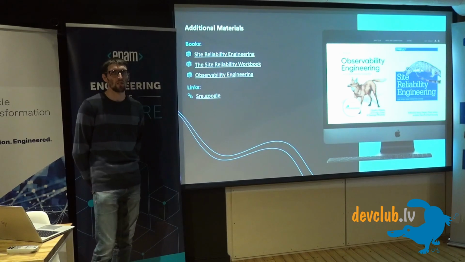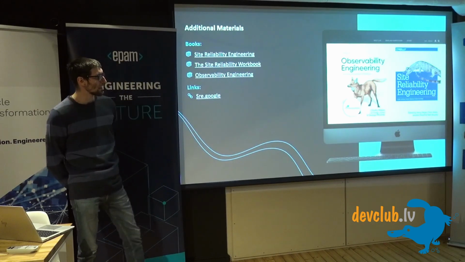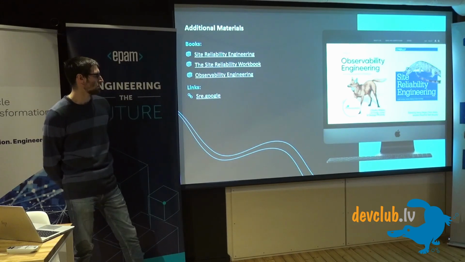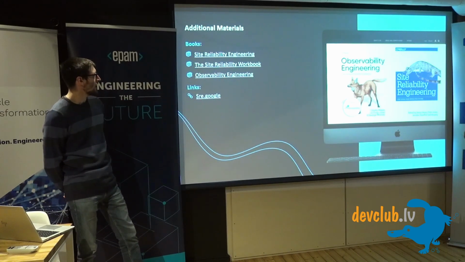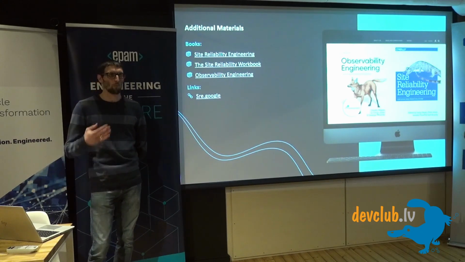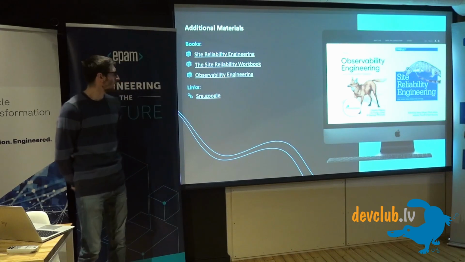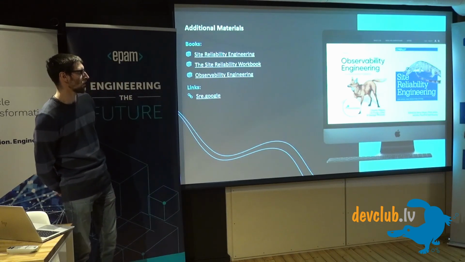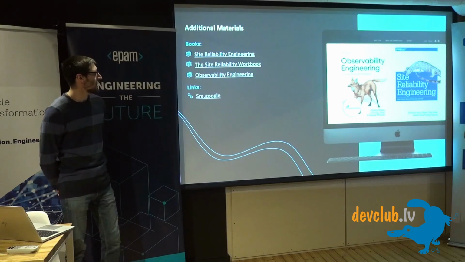Site Reliability Engineering provides information about main definitions, processes, and some possible solutions. The Workbook provides more detail about implementation and practice from practical experience. And the observability book focuses on observability details, so nothing special here.